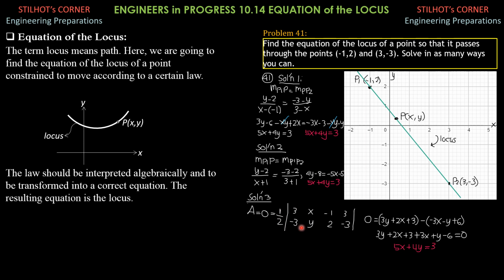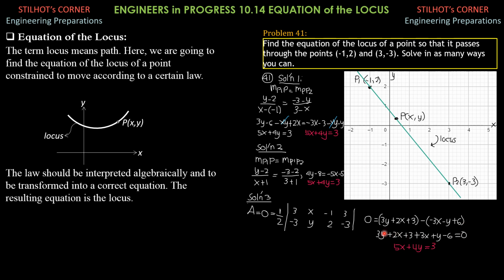So 1/2 of the array 3 negative 3, x y, negative 1 2, back to the initial point 3 comma negative 3. The 0 times 2 is still 0, then we have 3y, plus 2x, plus negative 1 times negative 3 which is positive 3, then minus the quantity negative 3x, negative y, and positive 6, since 2 times 3 is positive 6.